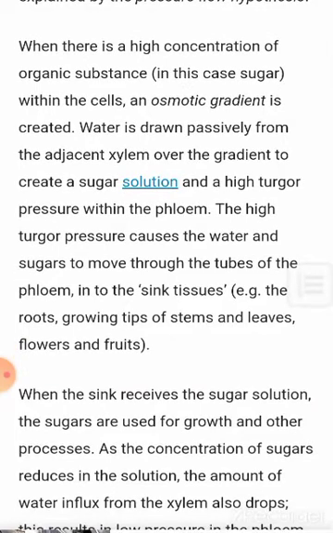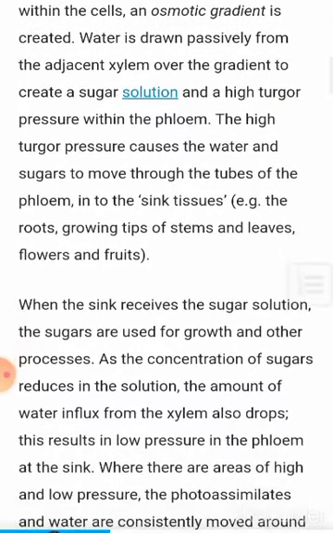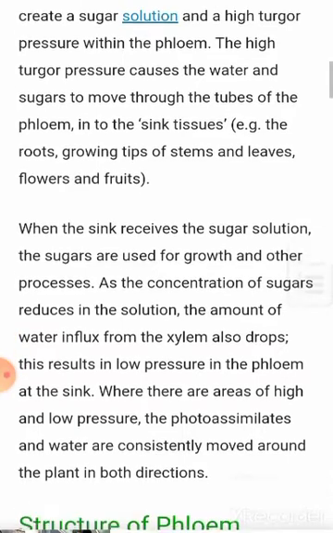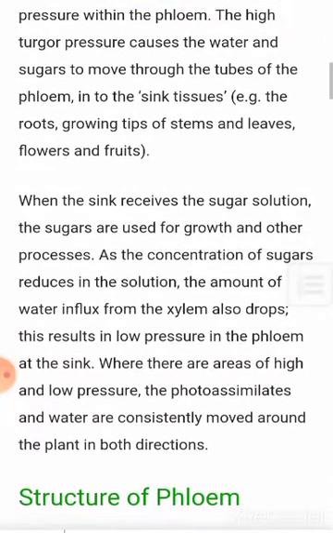Examples are roots, growing tips of the stems, and leaves, flowers, and fruits. When the sink receives the sugar solution, the sugars are used for growth and other processes. As the concentration of sugars reduces in the solution, the amount of water drawn from the xylem also drops.